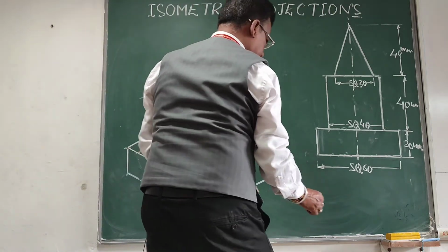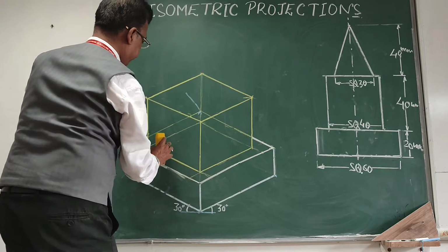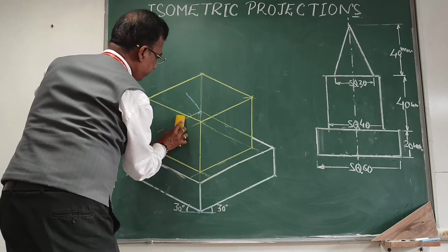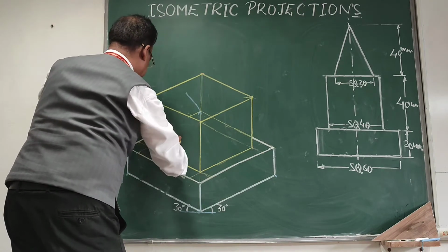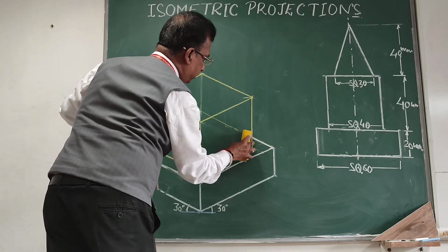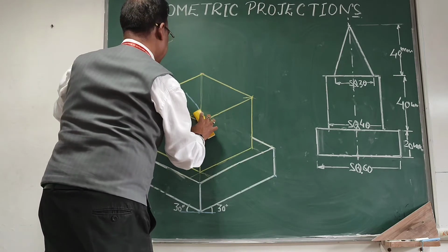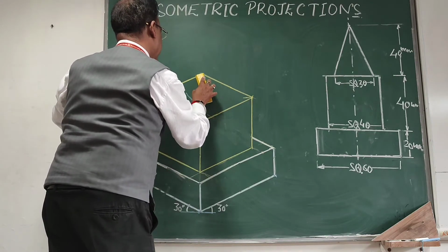And I will rub that part that is not visible. If I rub this part, then the figure looks better than earlier, and you can easily understand the position of the solid.